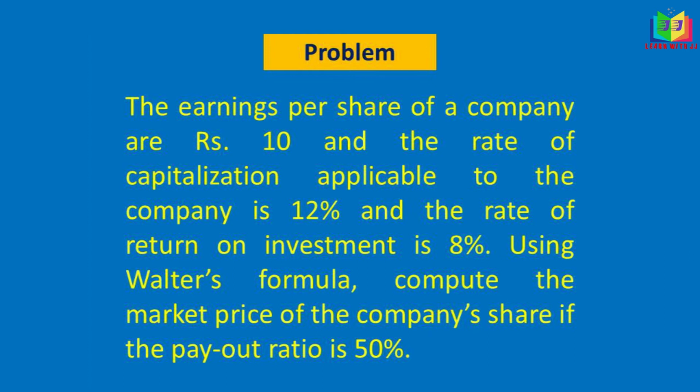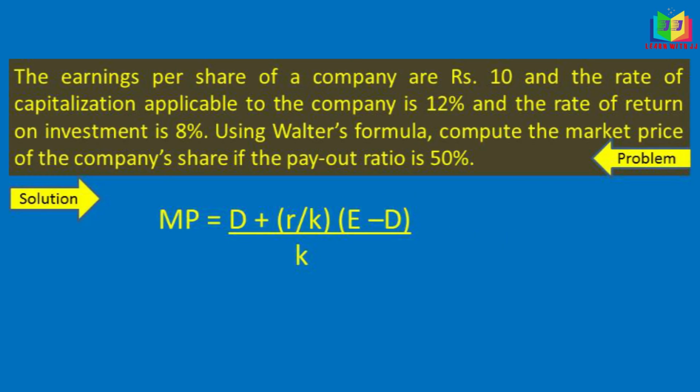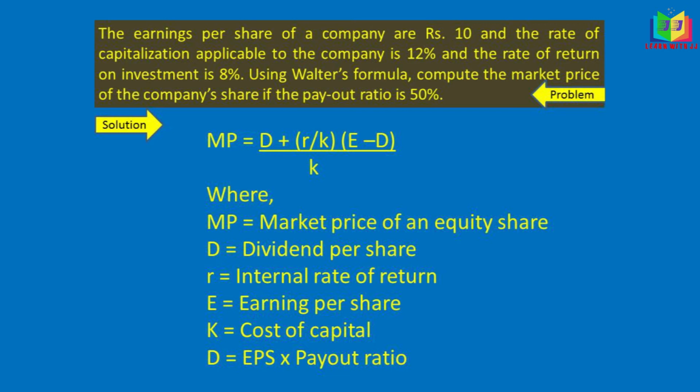In this problem we have EPS, that is earnings per share, as 10, and the rate of capitalization applicable to the company is 12%, that is K, and the rate of return on investment is R. And the payout is 50%.